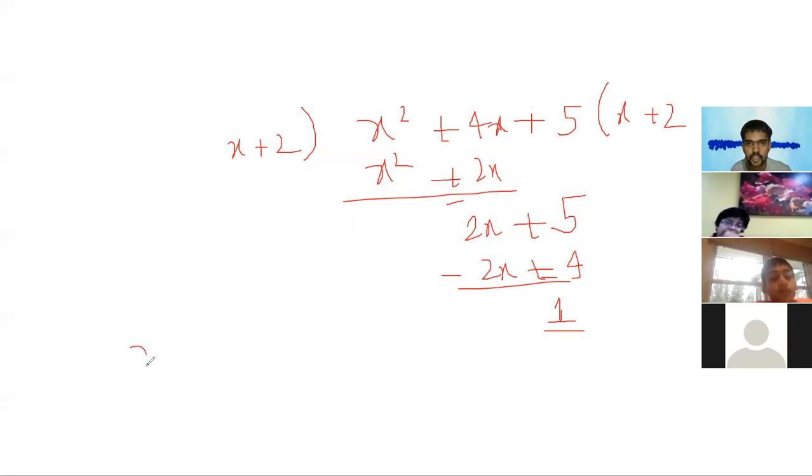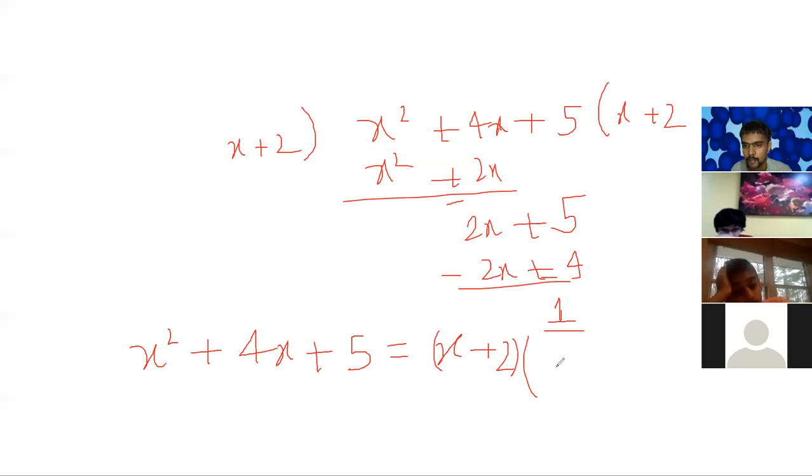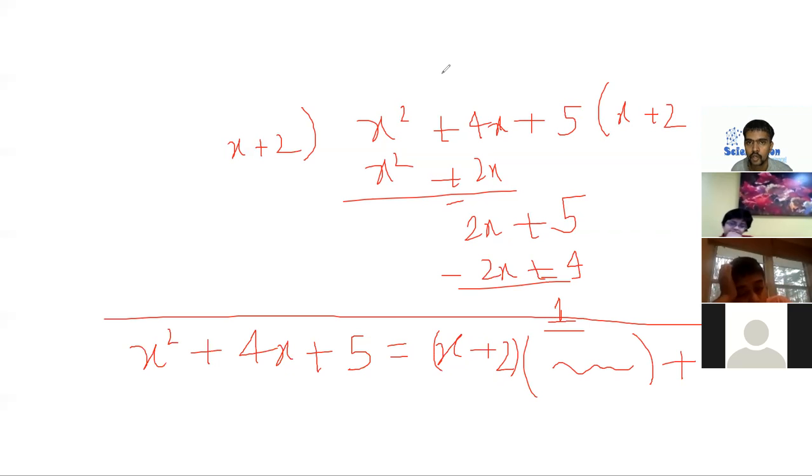Now the same thing, can I do it this way? x squared plus 4x plus 4 plus 5 is x plus 2 into something plus the remainder c, right? Now what if I put x equal to minus 2 on both sides?